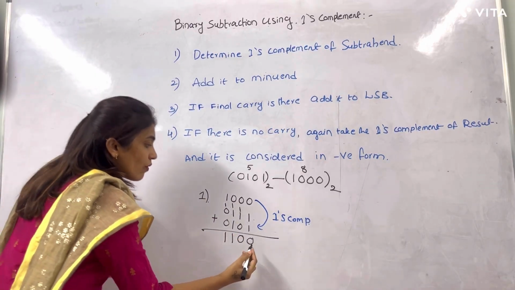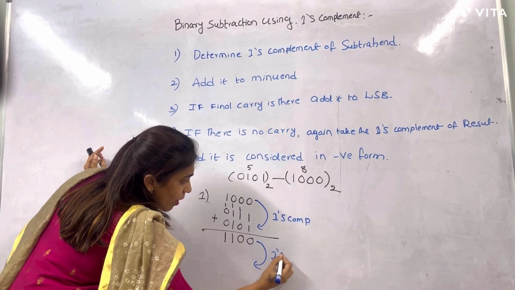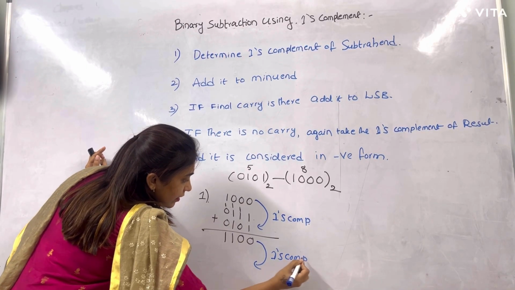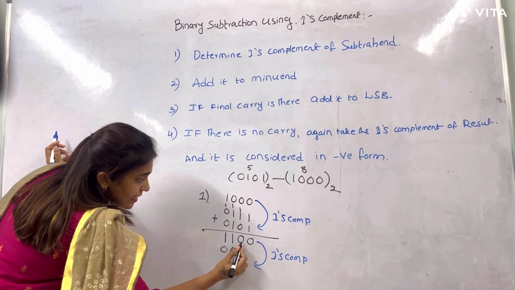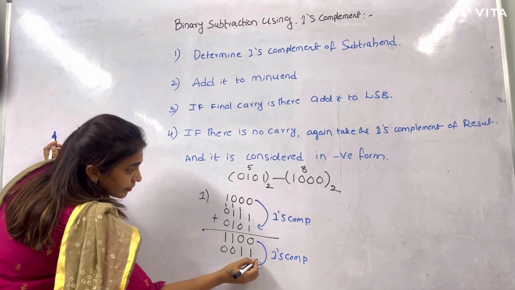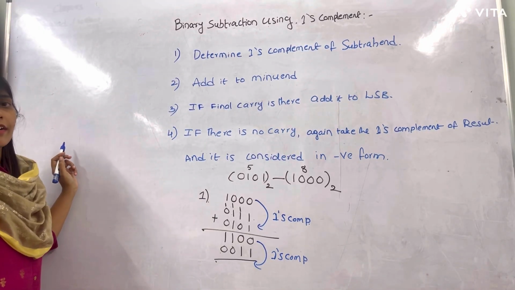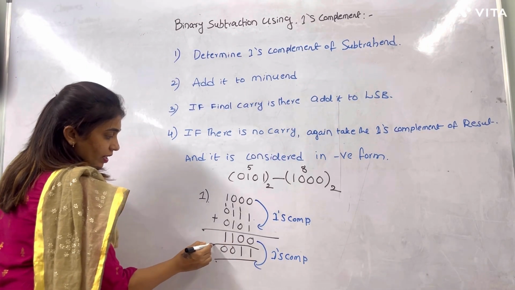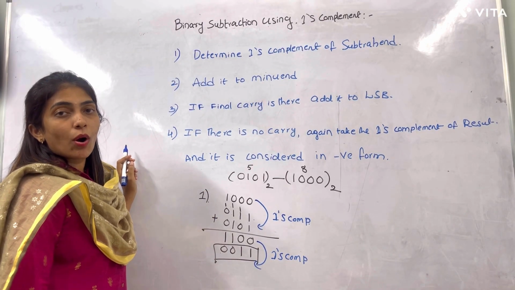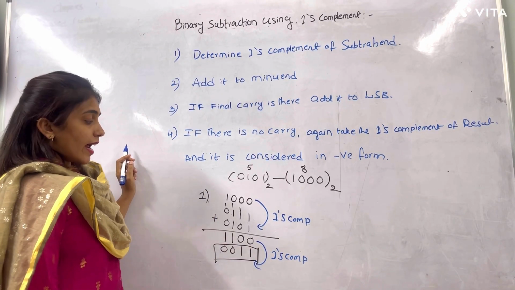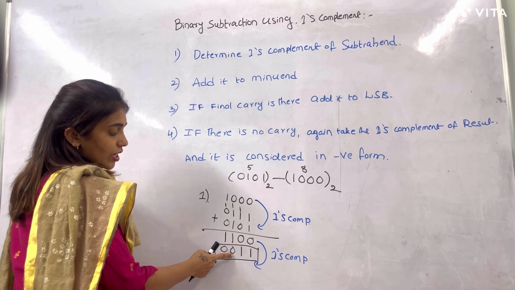So do ones complement again for this answer: 1 becomes 0, 1 becomes 0, 1, 1. So 0011. This is the answer. If there is no carry, again do the ones complement of the result, that is 0011.